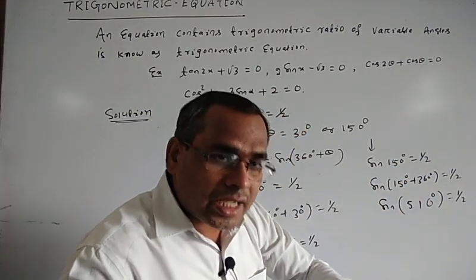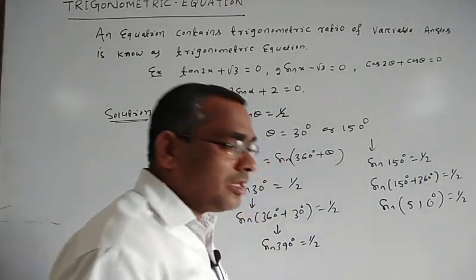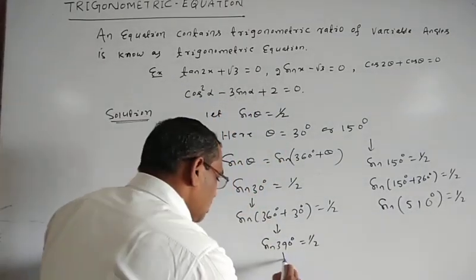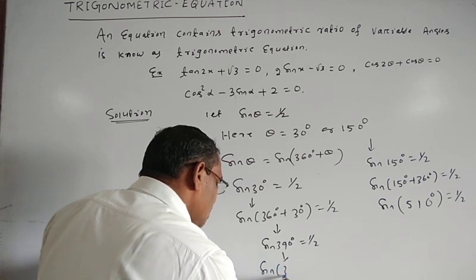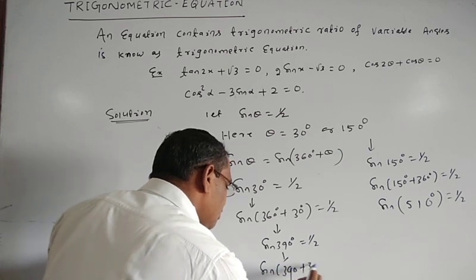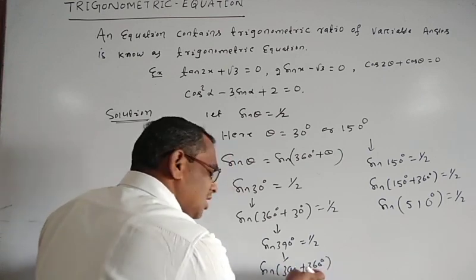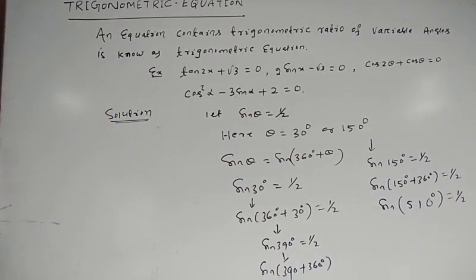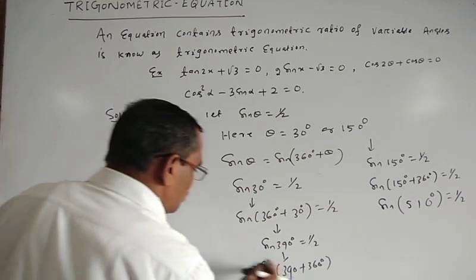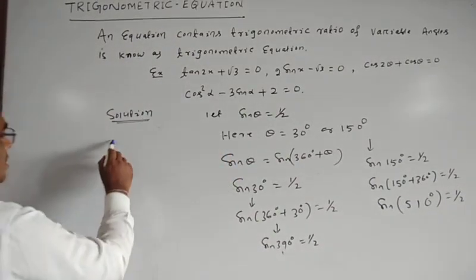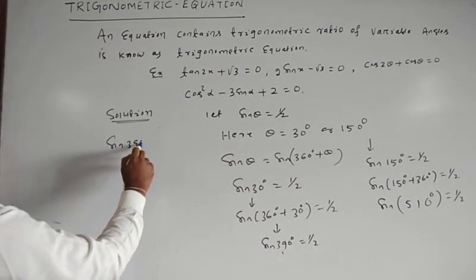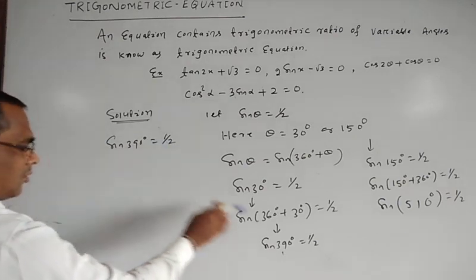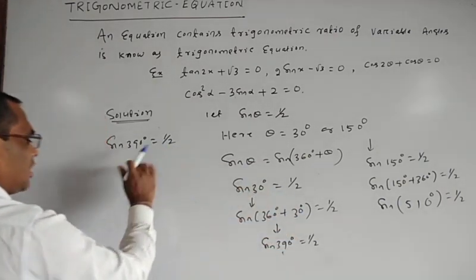If we add again 360 degree in the value of theta, sin of 390 plus 360 degree, because 360 is nearly equal to 0, sin of 390 is equal to 1 by 2, because 360 plus 30 is equal to 390.